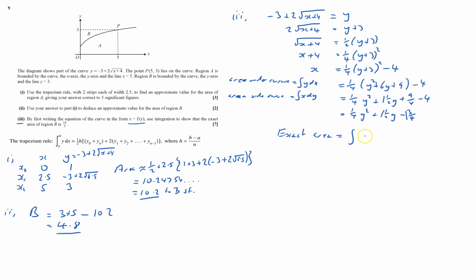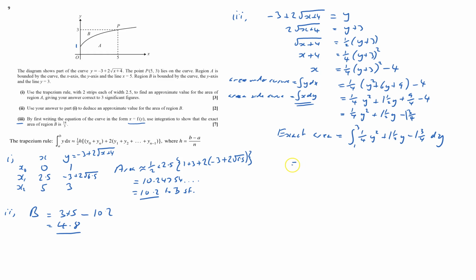So now I can get the exact area equals the integral of that, a quarter y squared plus 1.5y minus 1 3/4 with respect to y. Because it's dy, that means I've got to put the y limits in there, and we know that when x is 0, y is 1, so I've got to go between 1 and 3.